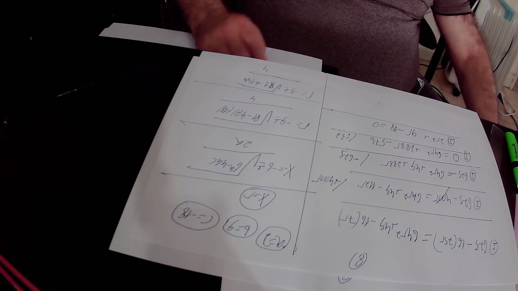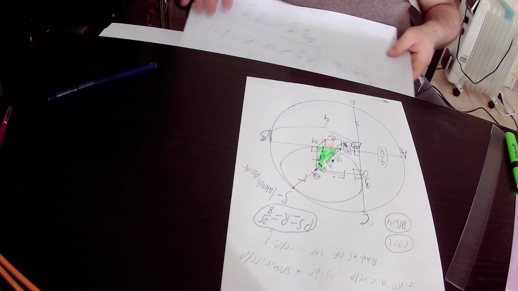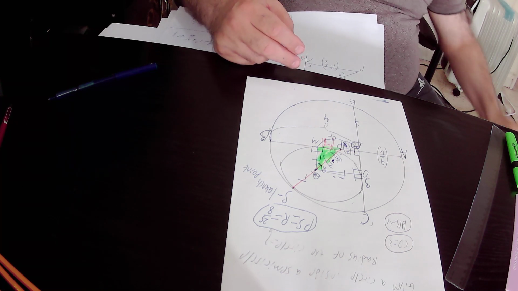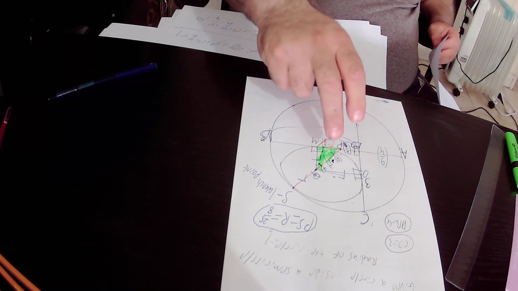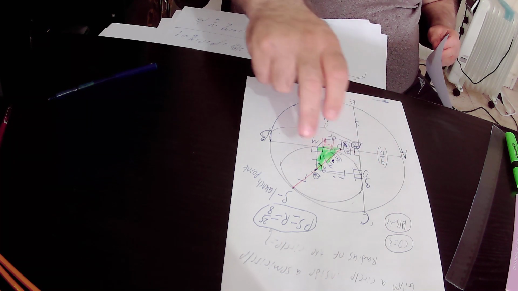Actually, we wanted to find the radius of this small circle. We have here a semicircle, and inside this semicircle we have this small circle, so the small circle is inscribed in the semicircle.